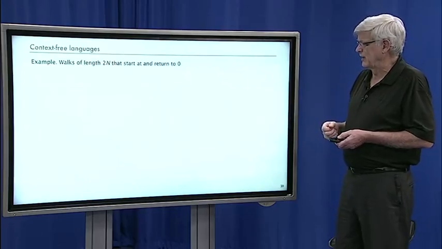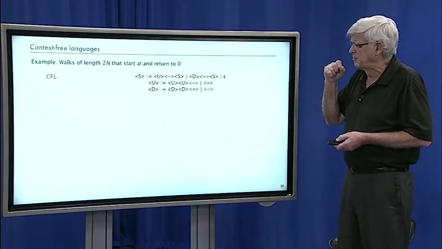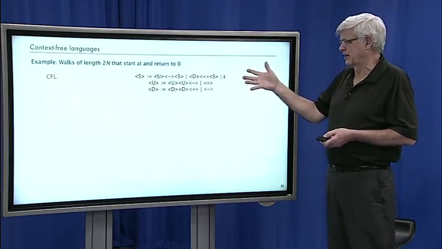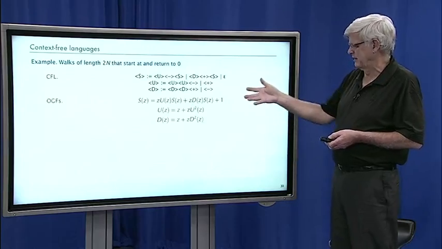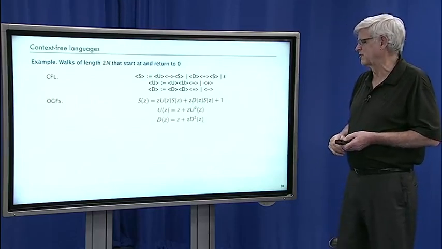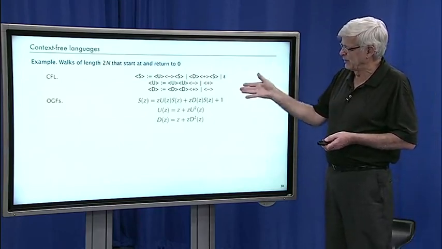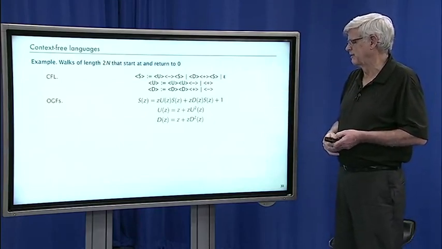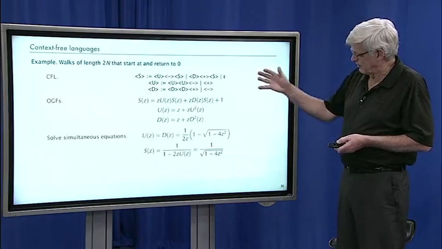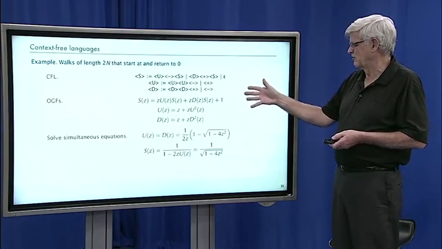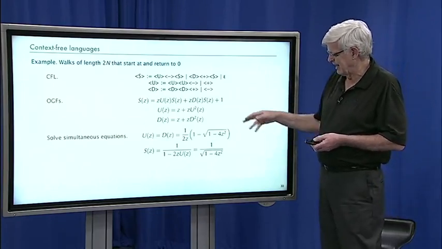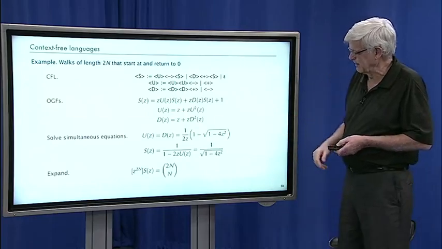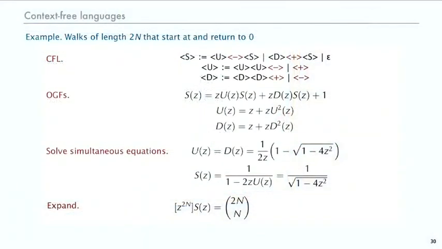And that construction, that's a context-free language, then we can use the symbolic method to get generating function equations. This time it's 3 equations in these 3 unknowns. In solving those equations simultaneously, they're like the tree equation actually, and the end result is that the number of such walks is 2n choose n.